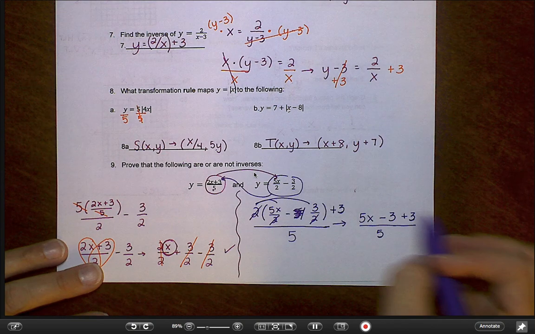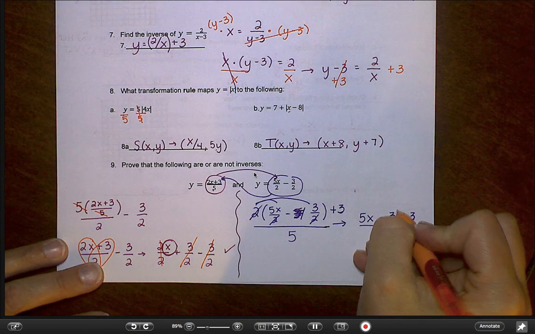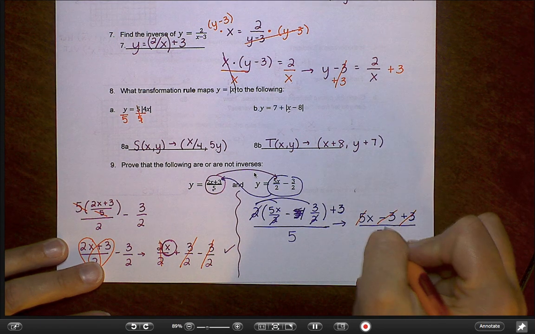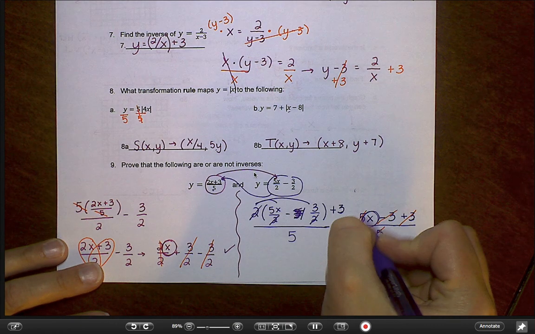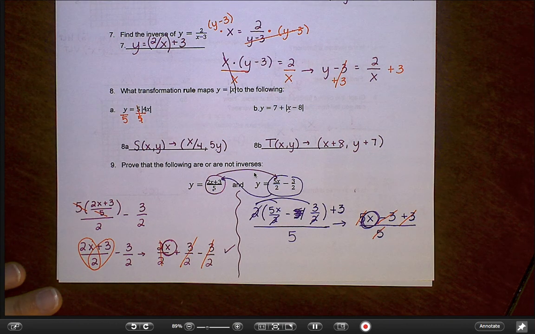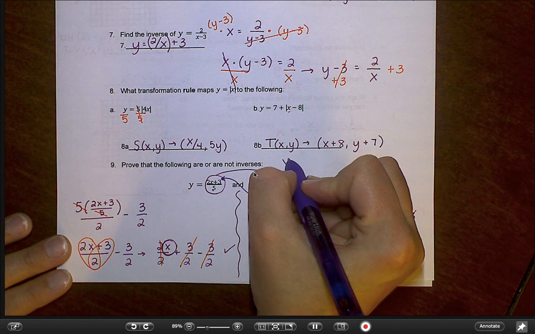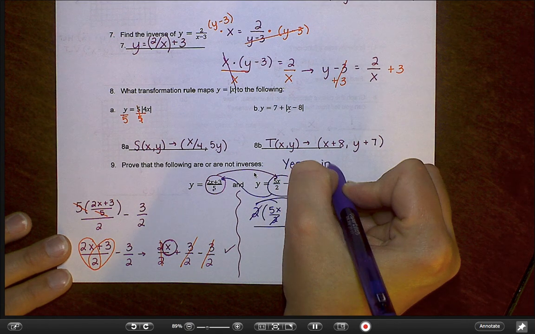So now, looking at this thing, the minus 3 and the plus 3 are gone and gone. Then I'm left with 5x over 5, which means the 5 and the 5 are gone. And again, I'm left with just x. Okay, so I would say yes, these things are in fact inverses.